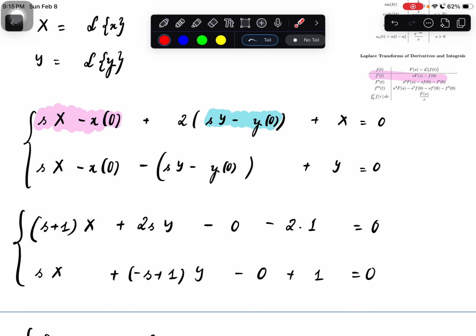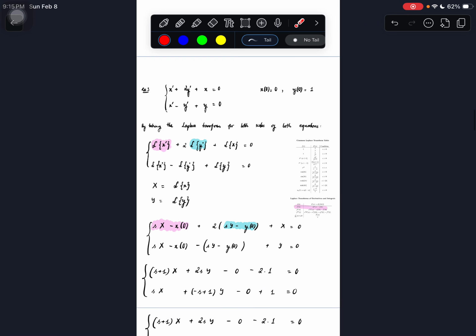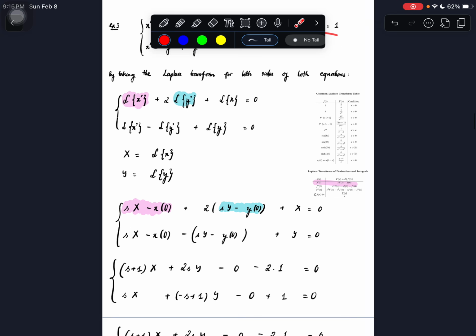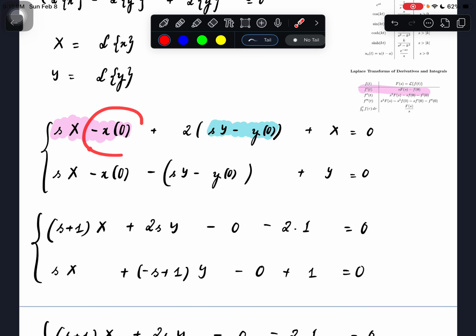We group that with X, so S times X plus X, so S plus 1 times X, plus 2 times S times Y. The initial conditions tell us that X(0) is 0, Y(0) is 1, so minus 0, plus 2 times 1, plus 2 times minus 1.